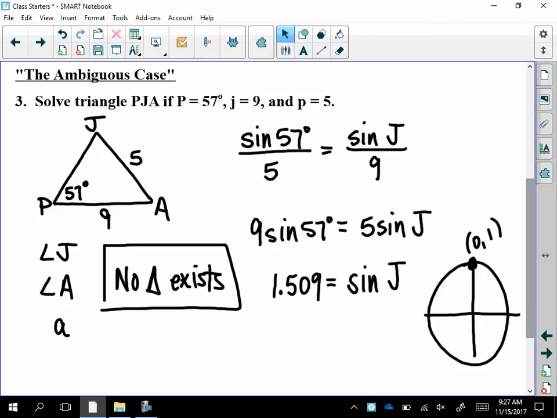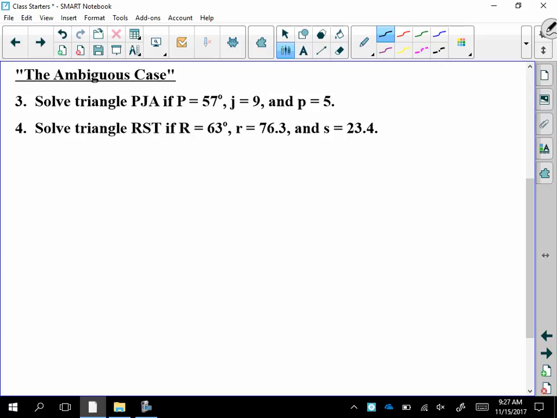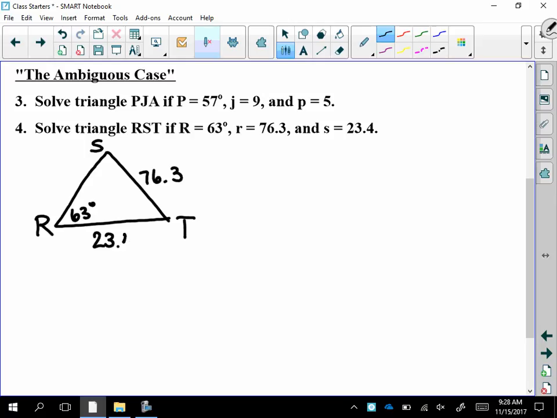So let's see if number 4 is one of those. It says to solve triangle RST, where angle R is 63 degrees, side R is 76.3, and side S is 23.4.